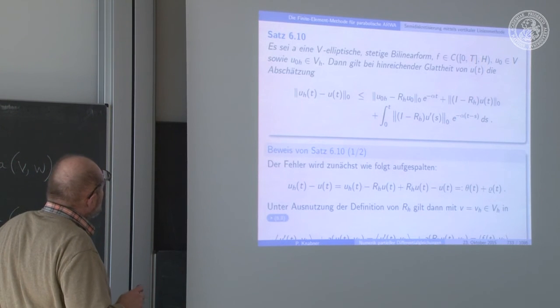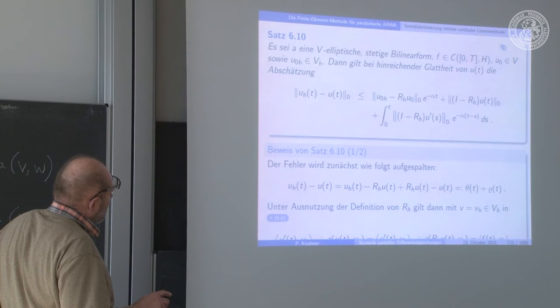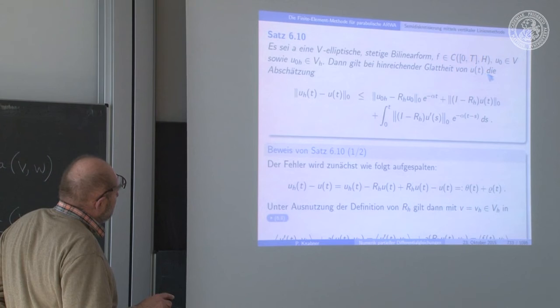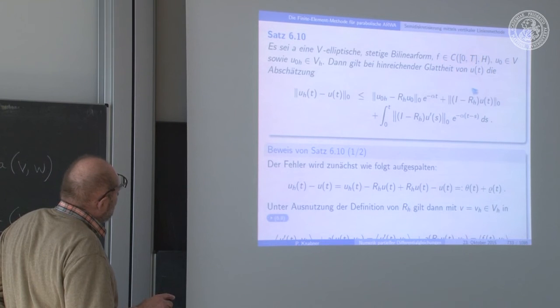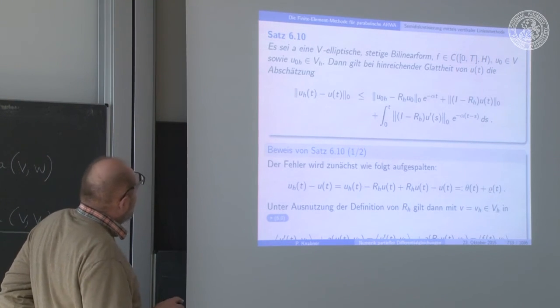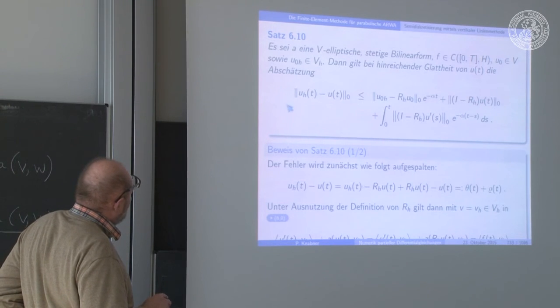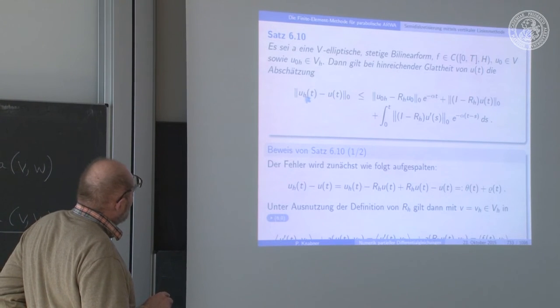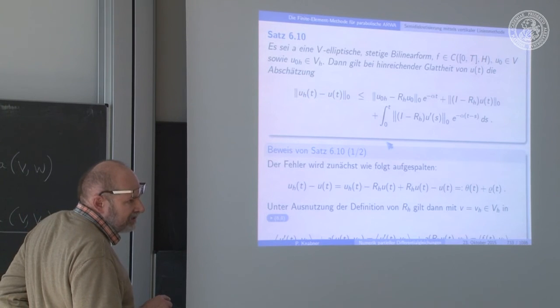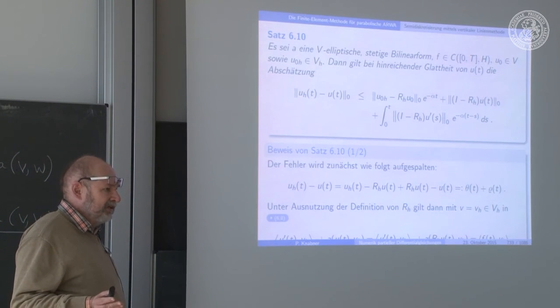The statement is if the right-hand side is sufficiently smooth, and also the solution is sufficiently smooth, what we actually will need, we will see in the process of deriving the theorem, then we can estimate the error for each instance of time. So you see, we really estimate here for every instance of time. There's no restriction with a lower bound or something like that.